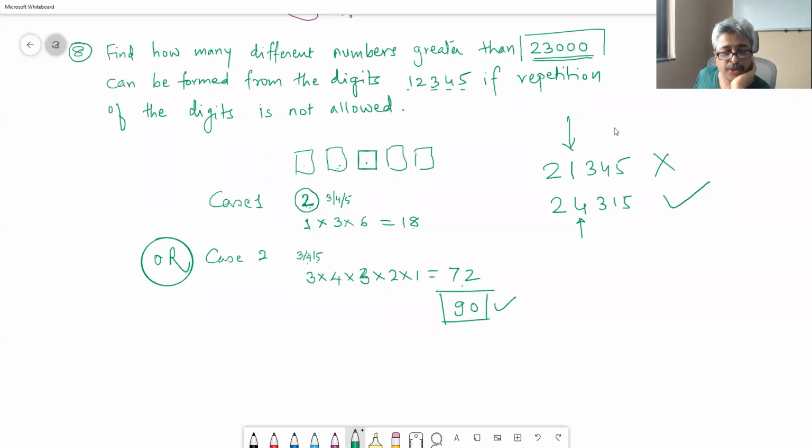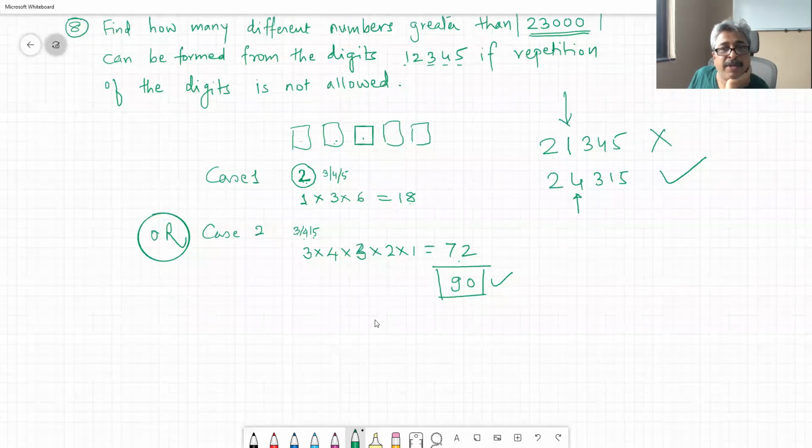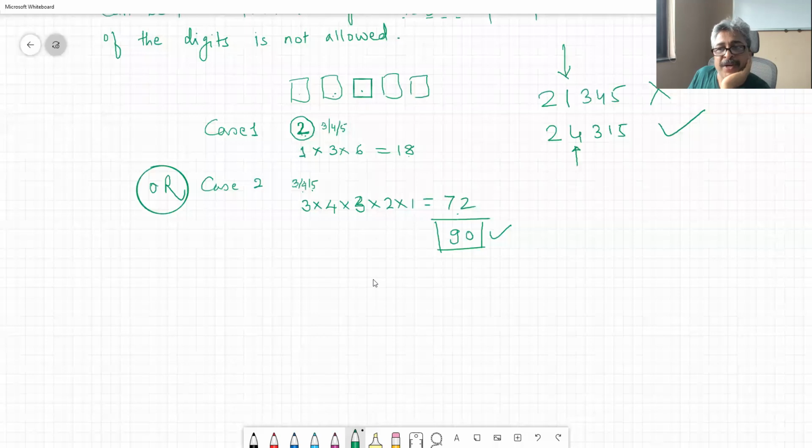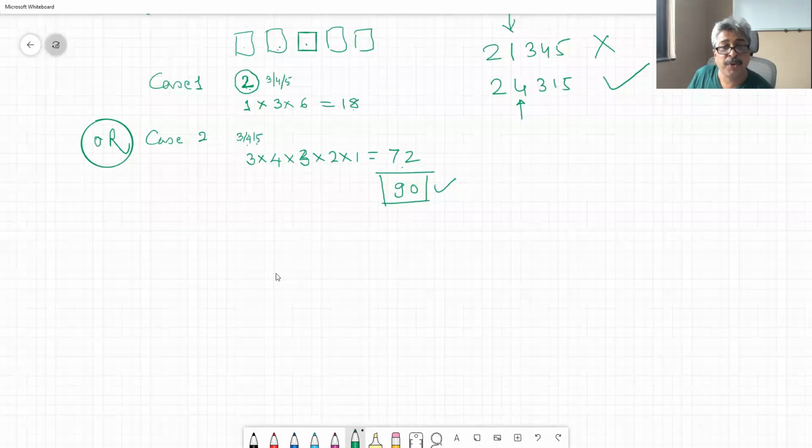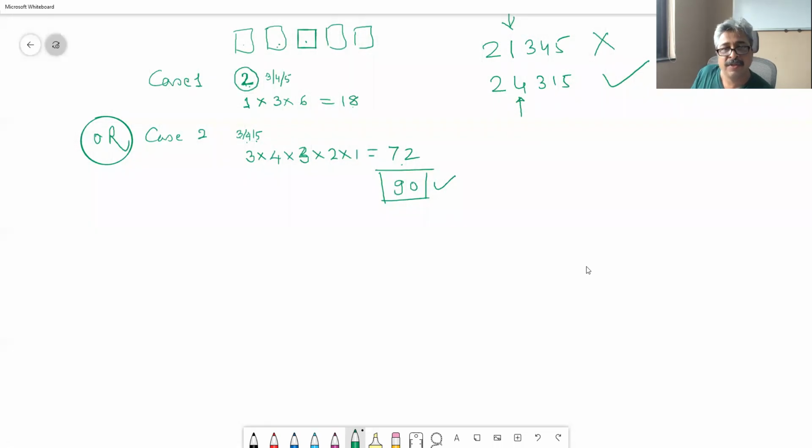Now, let me explain some additional things. So far, whatever arrangements, whatever permutations we have done, they were easy. Now, suppose I have 3 letters A, B, C, a basic problem.